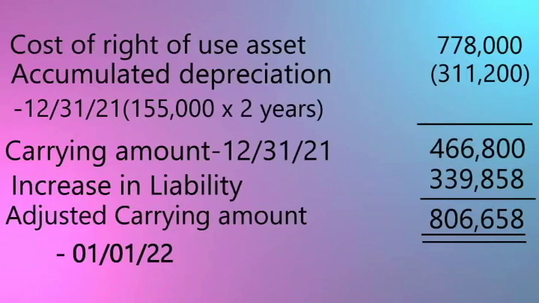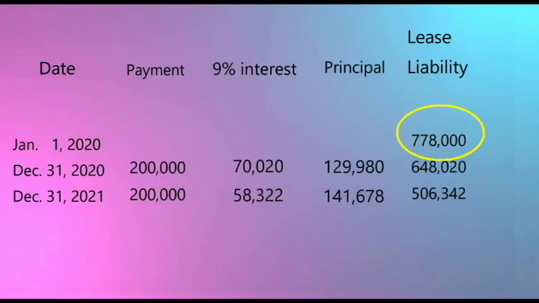So, for the journal entry, for the simplicity, we are going to compute just for the depreciation. As we all know na ang depreciation, sa pagkuha ng depreciation ay nagbabase tayo sa carrying amount of the right of use asset. So since from the old information or from the previous data, meron tayong cost of right of use asset at the beginning of 778,000.